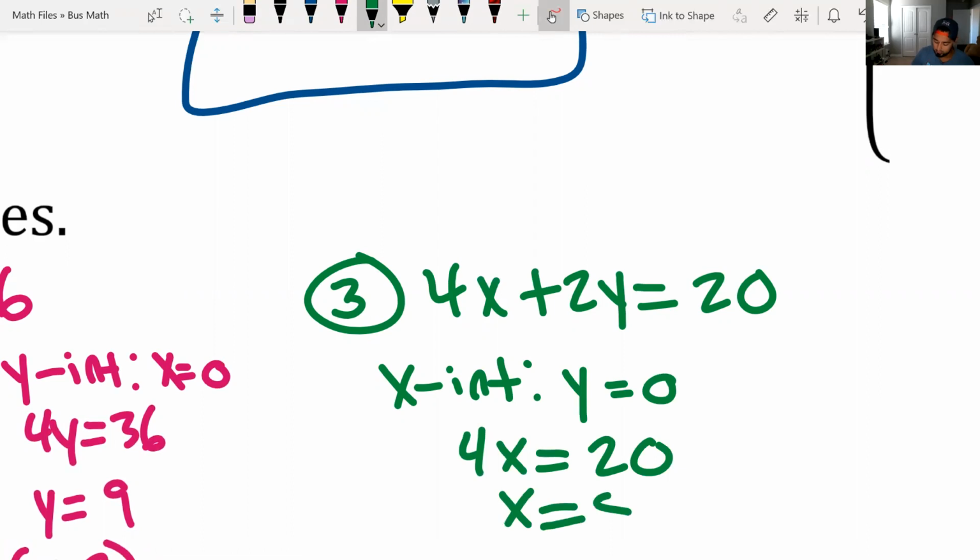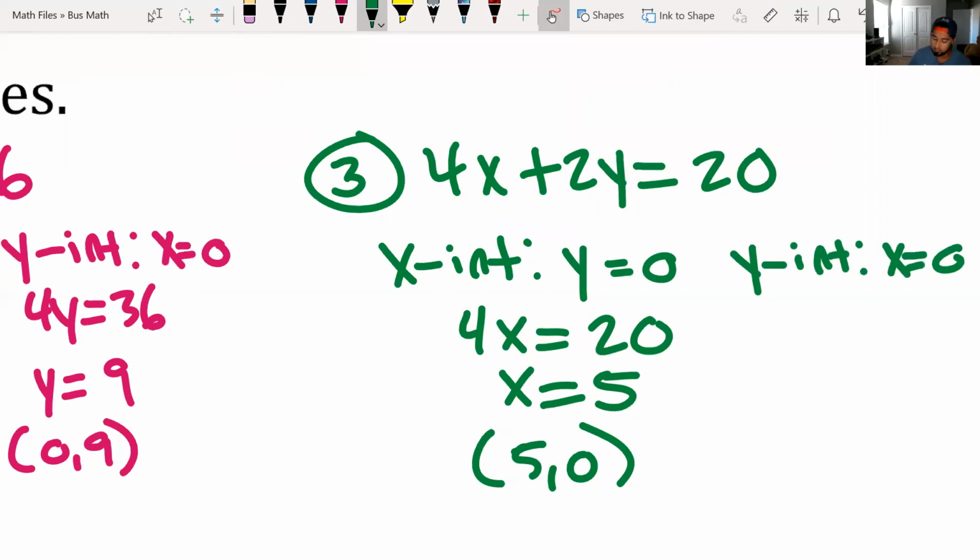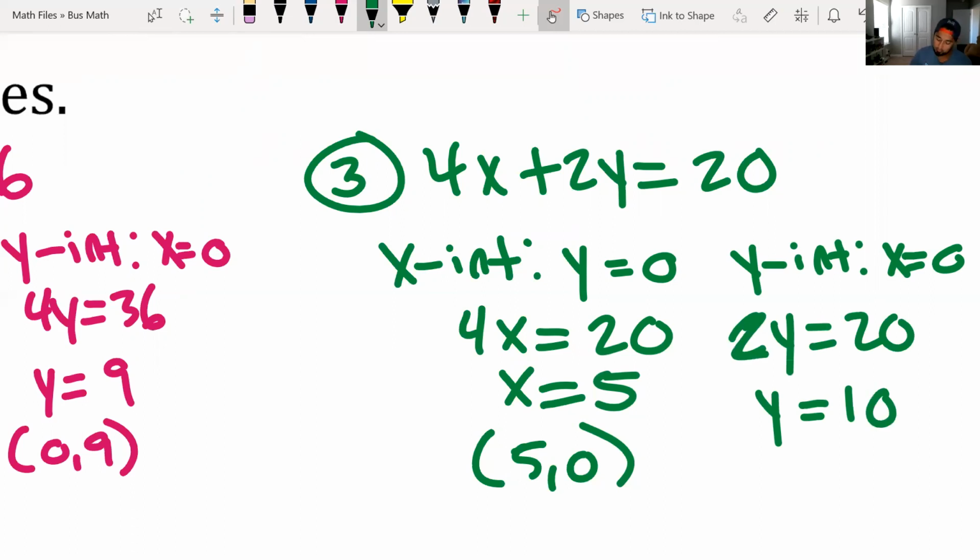X equals 5. So (5, 0). Y-intercept, x equals 0. And 2y equals 20. And y equals 10. (0, 10).